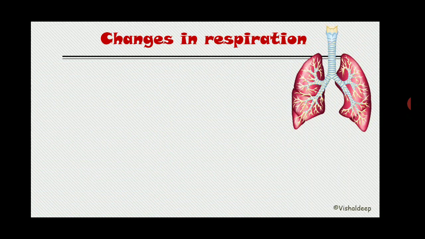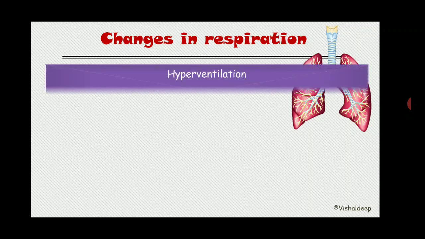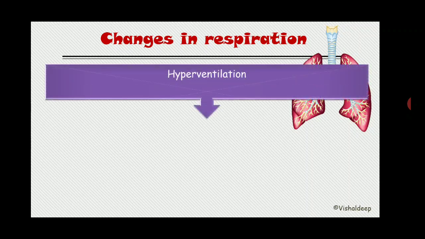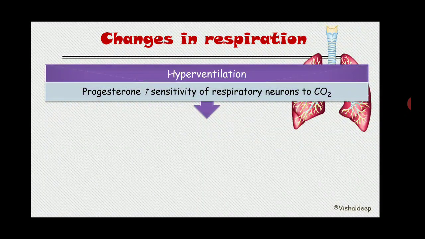Now, the changes in the respiratory system. Hyperventilation will be there in pregnancy because progesterone will increase the sensitivity of the respiratory neurons to carbon dioxide. The carbon dioxide is at its normal level, but because there is increased sensitivity of the respiratory neurons, there is hyperventilation, with increased inspiration and expiration.